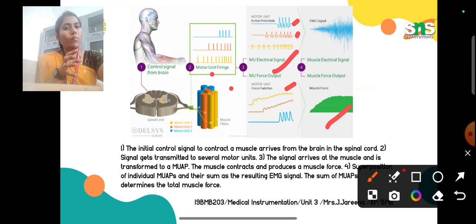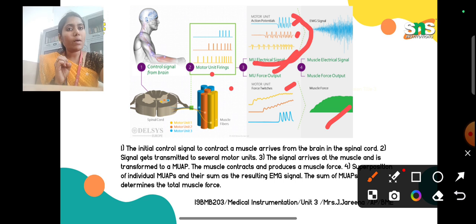The blue color is the motor unit action potential of the blue muscle bundles, the red color is the motor unit action potential of the red muscle bundles, and the yellow color is the motor unit action potential of the yellow muscle bundles.